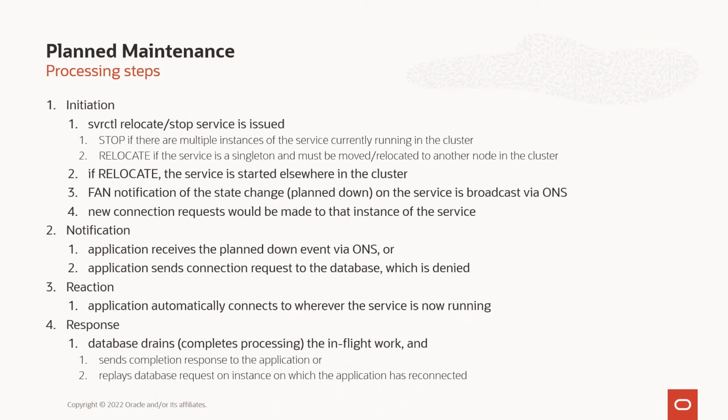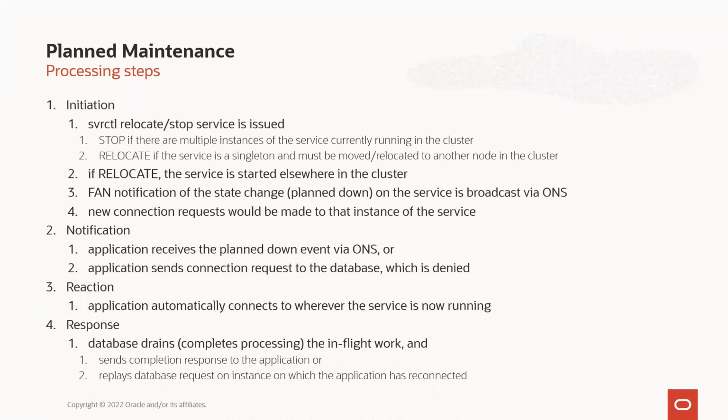Okay, you don't need to know this much because, in fact, that's what the DBA does for you at the time when planned maintenance is expected to start. You can specify a drain timeout then, or rely on the one defined for the particular service.